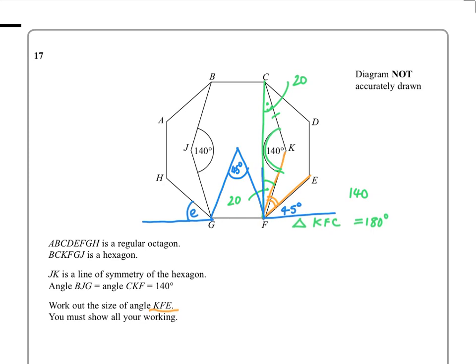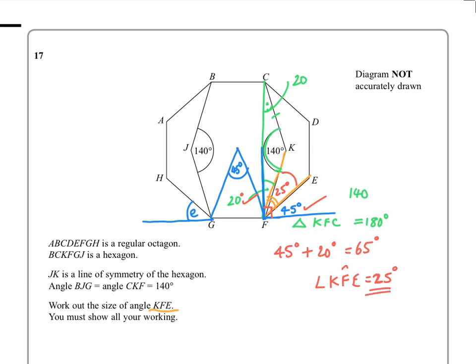Well, this angle here has got to be 90 altogether, so I'll just draw that as a right angle there. So if I already have 45 degrees of it taken up and then another 20 degrees taken up, that is 65 degrees, and that only leaves 25 degrees for what I need. So I would say angle KFE is 25 degrees.